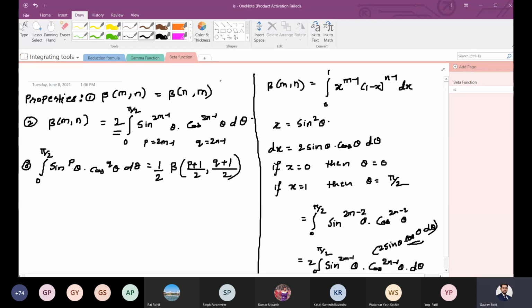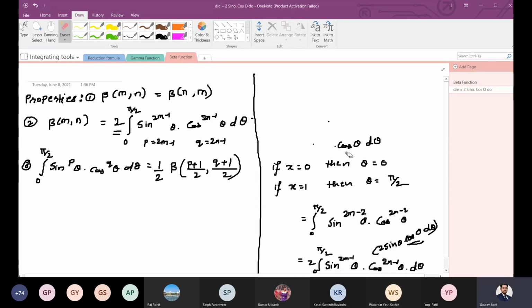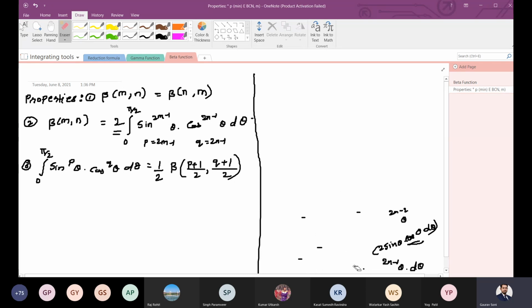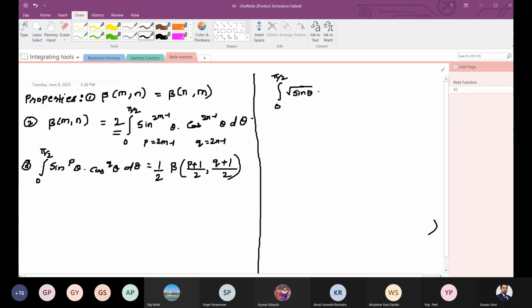What is the difference? We have just completed our reduction formula chapter, and there too we had this formula, integral 0 to pi by 2 sine raised to m theta cos raised to n theta. Can you identify the difference there and here? Okay, so what I will do is integration 0 to pi by 2 under root of sine theta into under root of cos theta d theta.